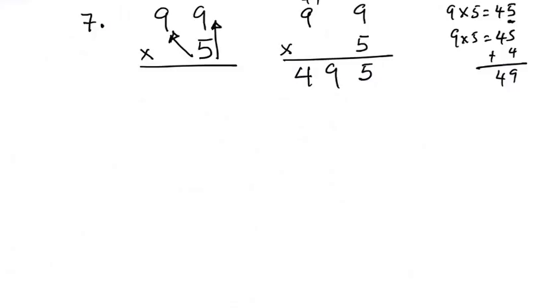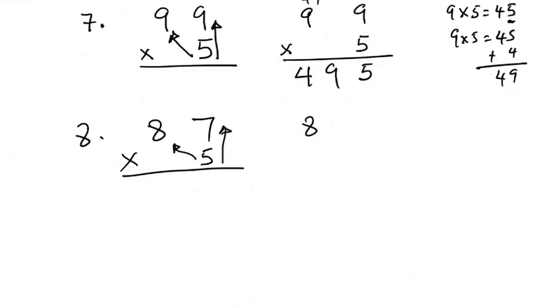And lastly, we'll take 87 and 5. 5 will multiply 7, and 5 will multiply 8. Let's see how it plays out. So we have 7 times 5. That gives us 35. Remember, what number are we going to write down again? 5.